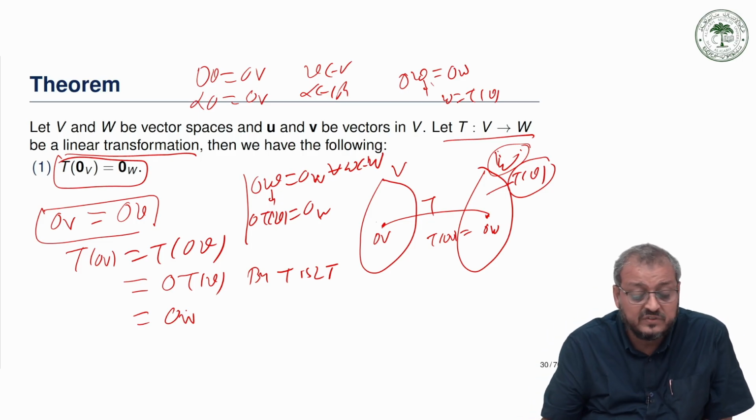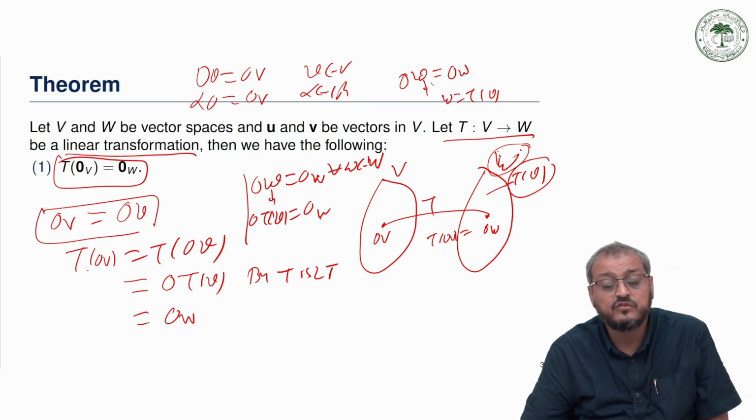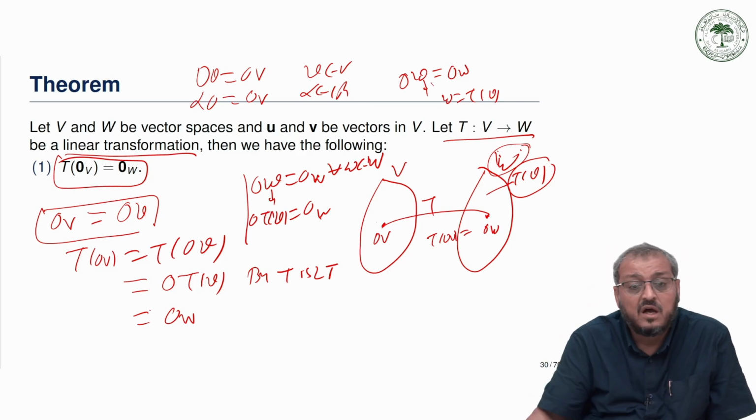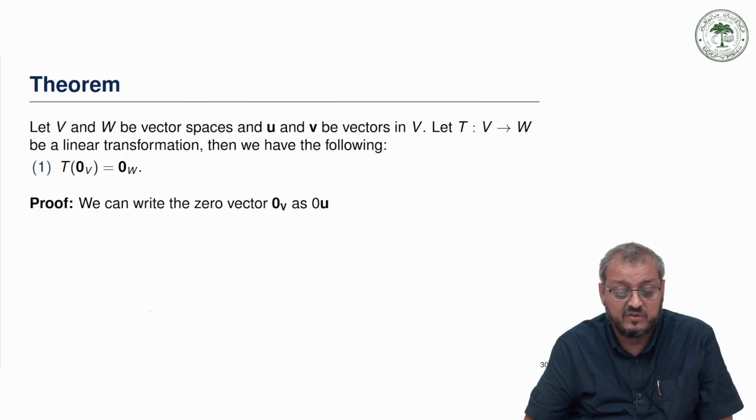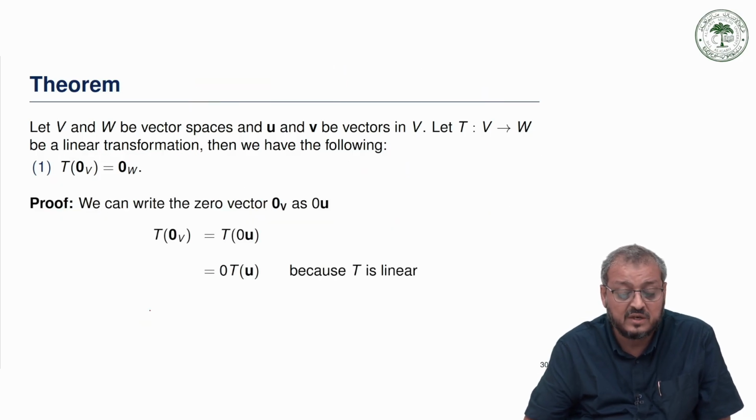So in this case we can say that T of 0_V can be written as 0_W. So this property holds trivially, and we can just take the zero vector in this form.